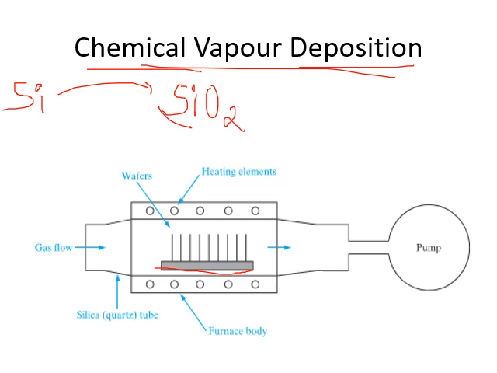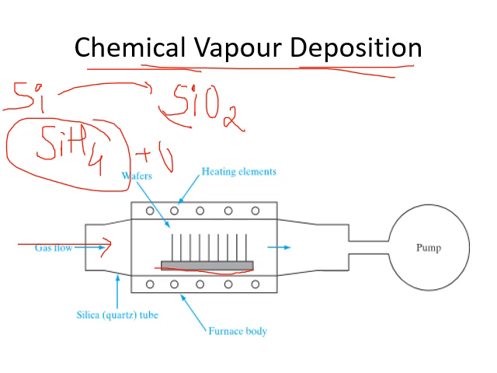SiH4 is added with the gas which is inserted here, and this will react with the O2 to give us silicon dioxide.